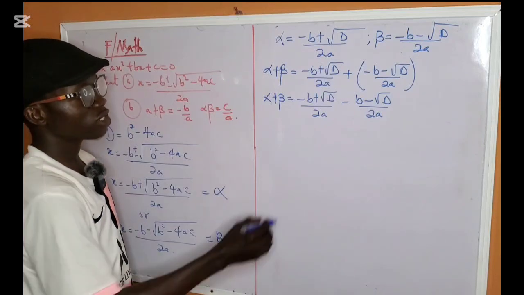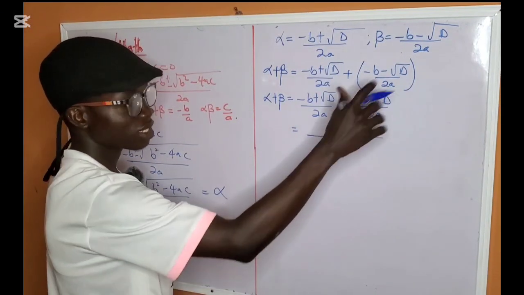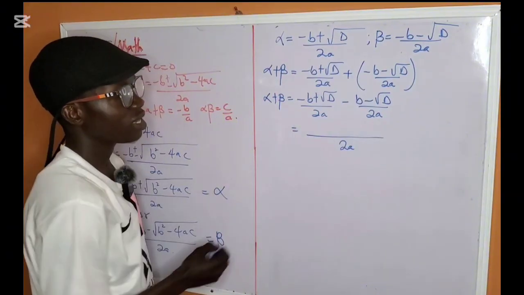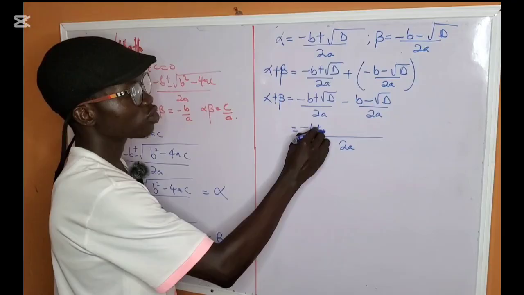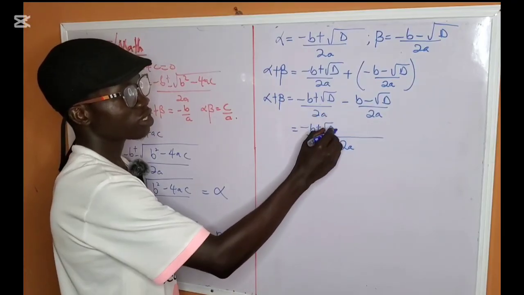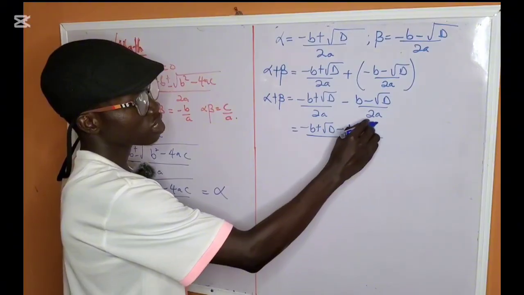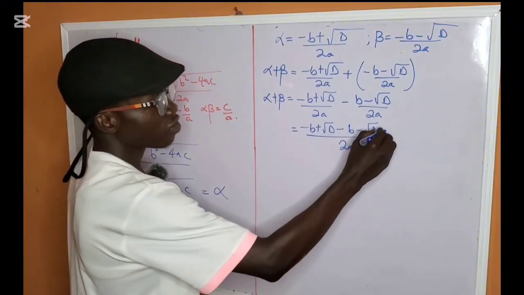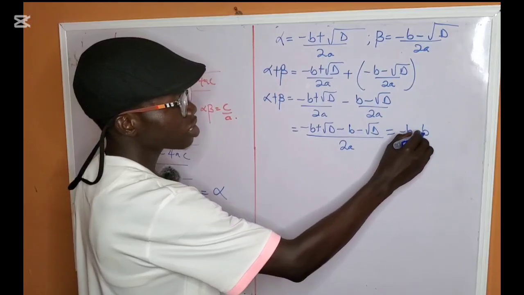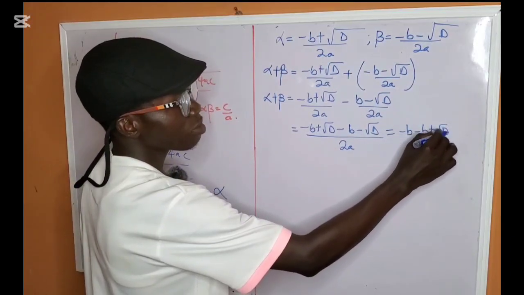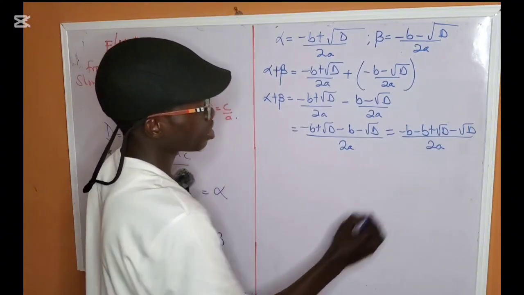Alright, the next thing is to look for the LCM. The LCM of 2a and 2a, we've done that, is going to give us 2a. 2a into a 1. 1 times that's minus b plus root d, right? This minus here, 2 into a 1, multiplied by all this, minus b minus root d. So therefore, this equals, we collect like terms, minus b plus root d minus root d over 2a.